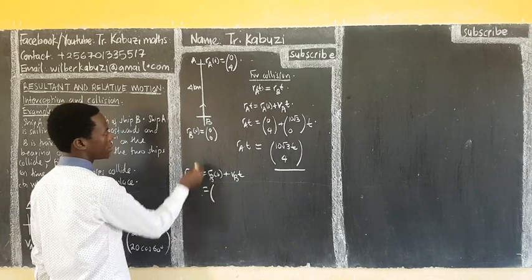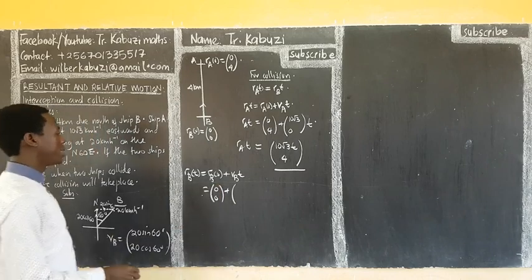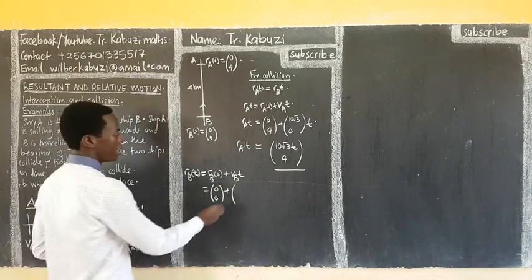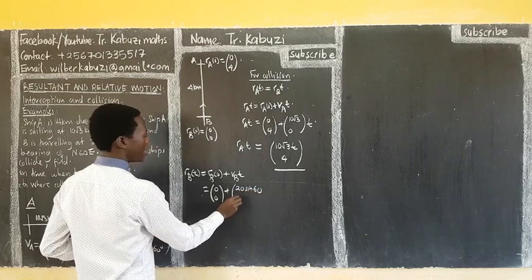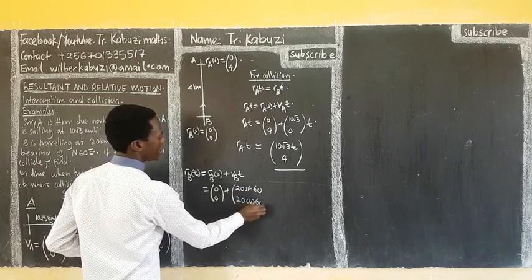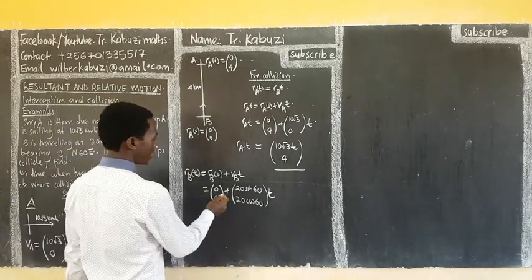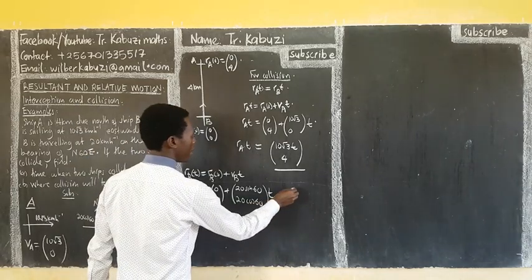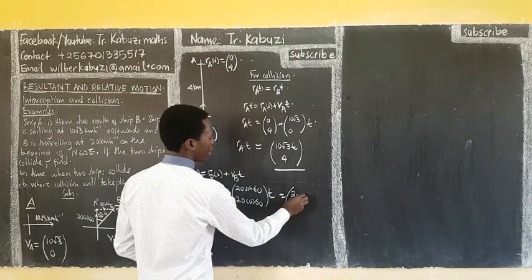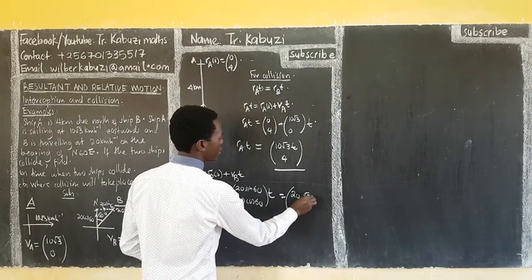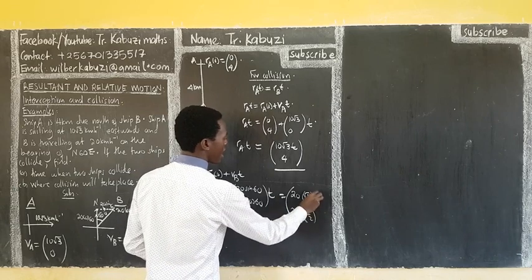So the initial position of B is 0, 0, plus the velocity of B, which is 20 sine 60 and then 20 cos 60, times T. But you know that sine 60 is the same as root 3 over 2, and cos 60 is half.